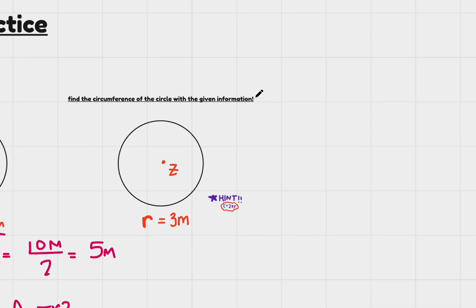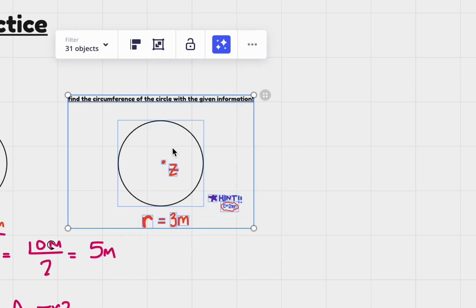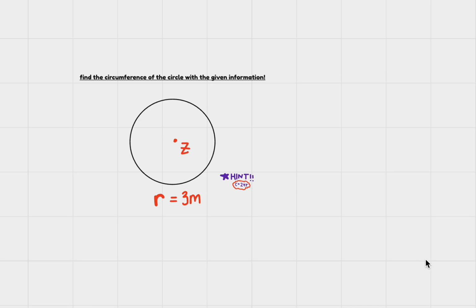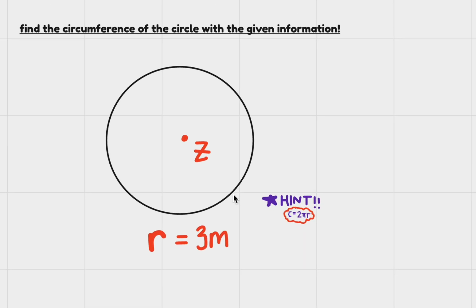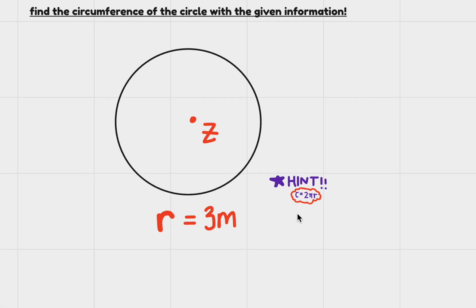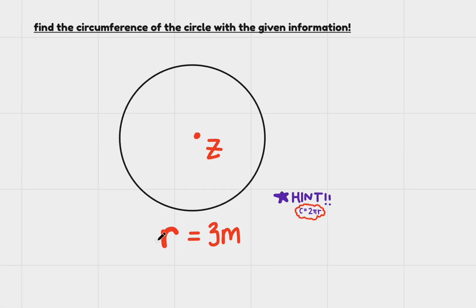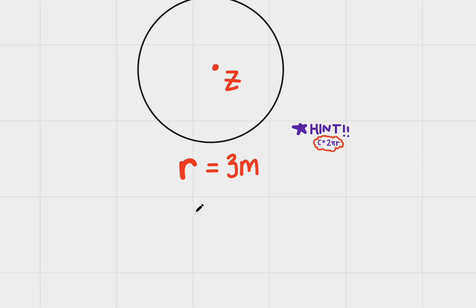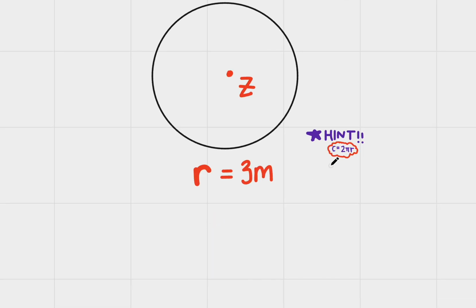And last but not least, we have this problem where we need to find the circumference of the circle given this information. We're given that r is equal to 3 meters, and a little hint that says circumference is equal to 2 pi r. So in circle Z, we can easily find our circumference because they literally give us the equation.